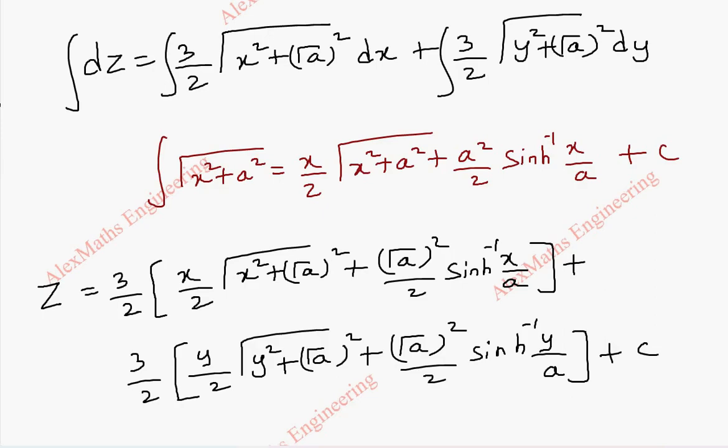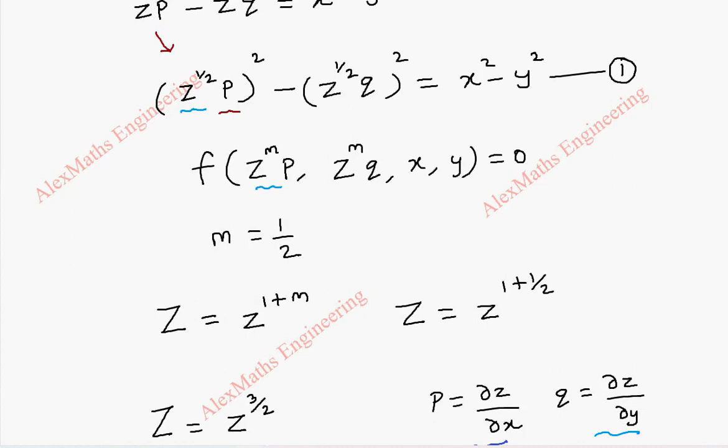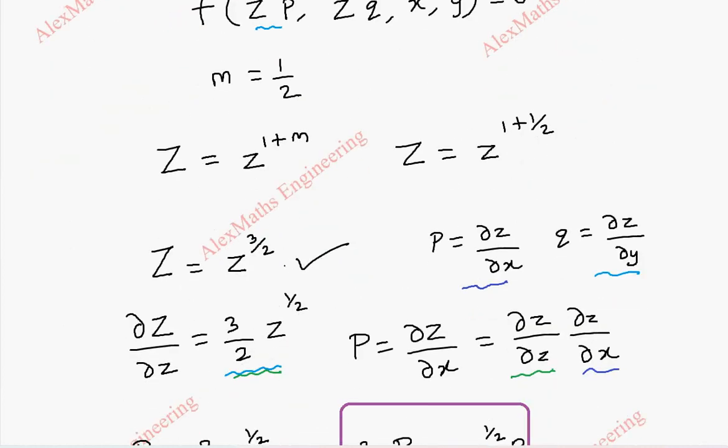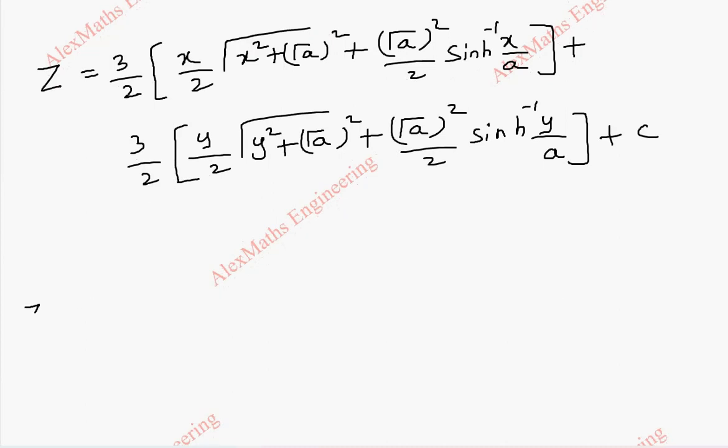And finally, we can replace the capital Z, which is from our substitution, we had small z power 3 by 2. So here it is small z power 3 by 2, and the rest of the terms written as it is. This is 3 by 2.